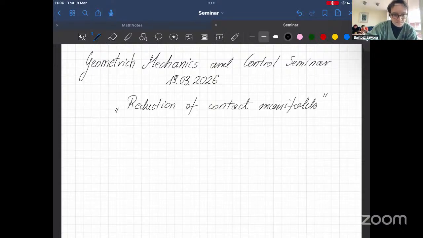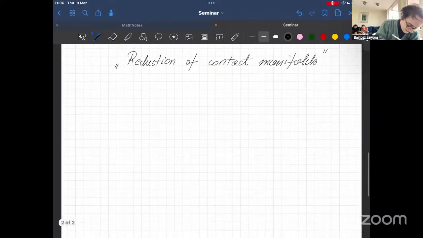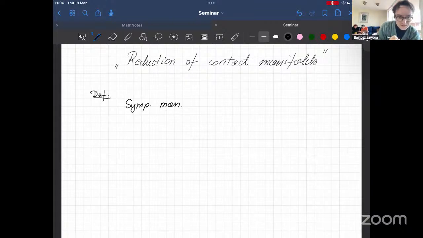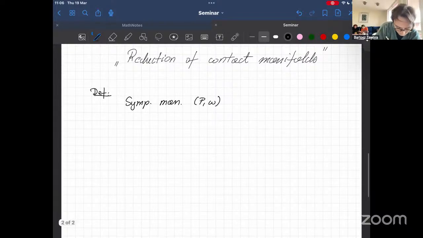Okay, so first of all, let me recall the first definition: symplectic manifold. What is a symplectic manifold? A symplectic manifold is a pair (P, ω), where P is a smooth manifold and ω is a closed and non-degenerate two-form.